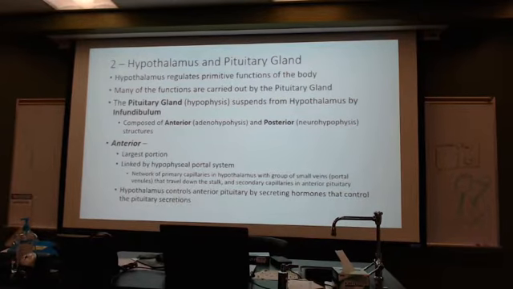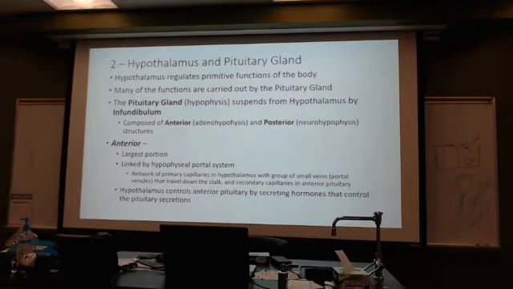It's at the capillary level where exchange of materials occurs. We either release something into that extracellular fluid around the cells, or it picks up something.